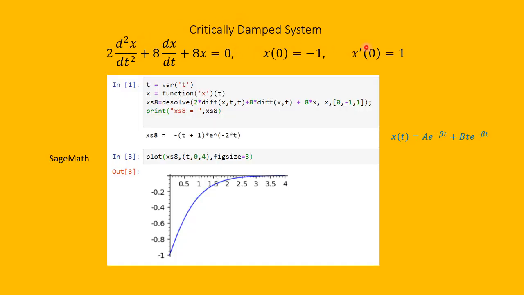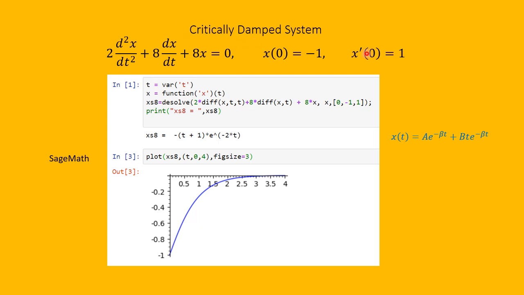Here is the initial value problem for a critically damped system. If we look at this differential equation, c squared minus 4mk is 8 squared minus 4 times 2 times 8, and that happens to equal 0. So the discriminant equals 0 in this case for the characteristic equation.